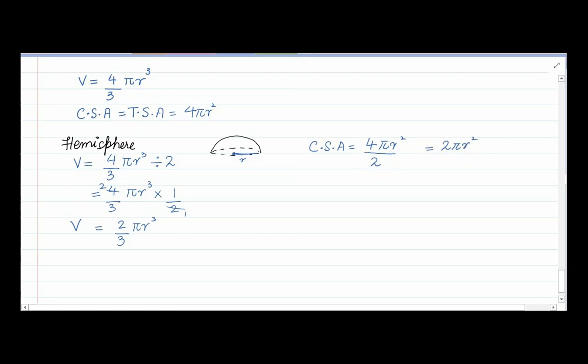And last, if I ask about the total surface area, red point, keep in mind that this is our enemy. So in total surface area, we are going to include the curved surface area and the bottom surface area, right? So the curved surface area is 2 pi r square, and the bottom part is pi r square. So the total surface area is 3 pi r square.